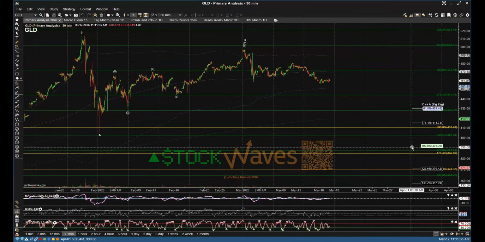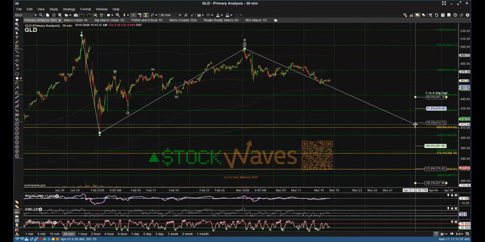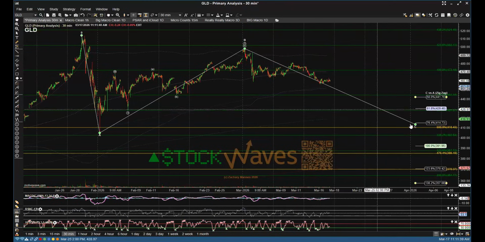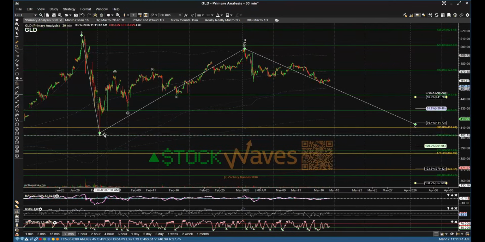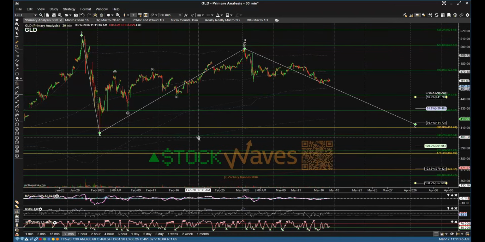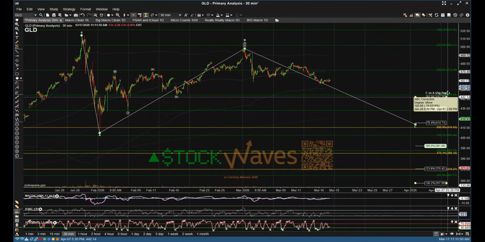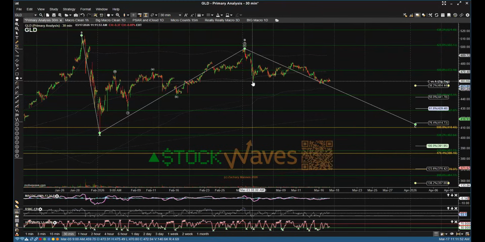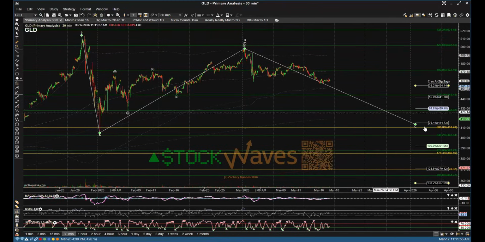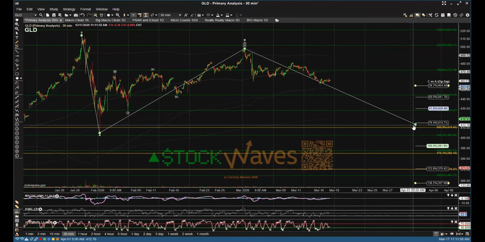But as we'll see, it is possible that this is trying to fill out a far more muted ending diagonal for that C wave, maybe as a running flat where the C wave does not make a lower low than the A wave. And the reason why I say that, even though we didn't even get to a 382 fib for this possible initial drop as wave one, is that this does fit best in the way that we're counting silver.